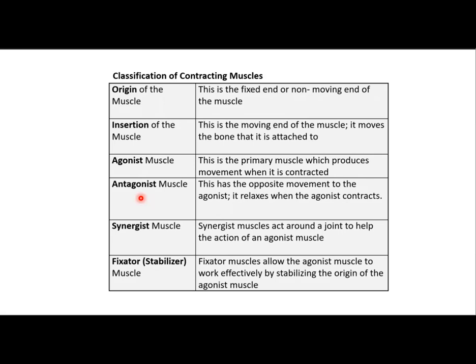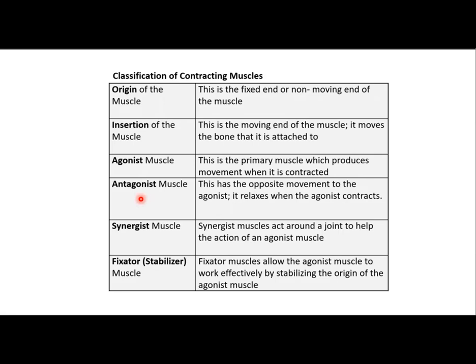When you do a hamstring curl, your hamstrings would be your agonist, your quadricep is your antagonist. When you do crunches, your abdomen muscles are the agonist, your back muscle is the antagonist. So always the opposite is the antagonist, okay?